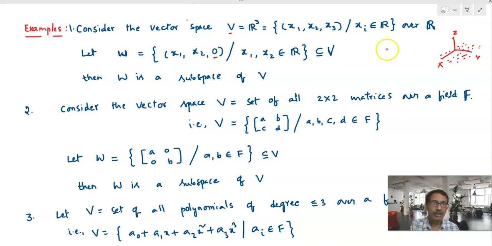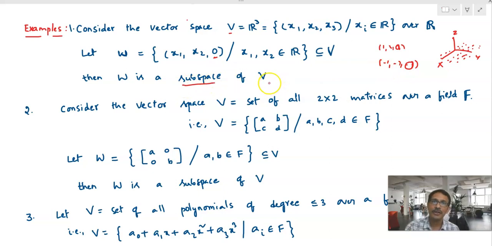For example, you have all the points 1, 2, 3 or minus 1, minus 2, minus 3 in V. But what kind of points do I consider in W? I don't consider 1, 2, 3, but I consider 1, 2, 0. I don't consider minus 1, minus 2, minus 3 in W, but only minus 1, minus 2, 0. Hope you understand. So the third coordinate is always 0, that means the Z coordinate is 0. Therefore, it corresponds to the XY plane. Then it is a subspace of V.